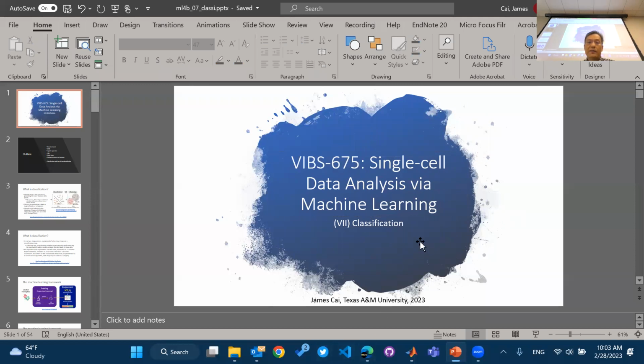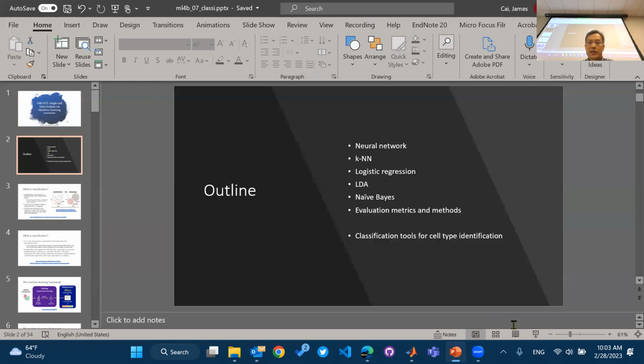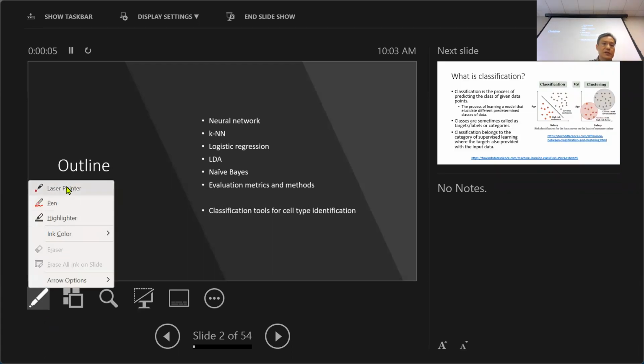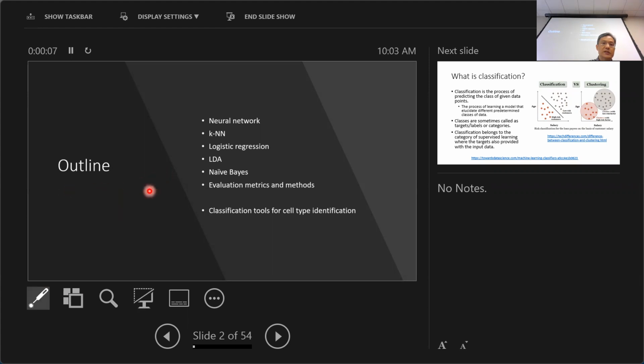Okay, so we are going to discuss several approaches in classification. This is a topic which is very important for machine learning, but less important for single cell data analysis.